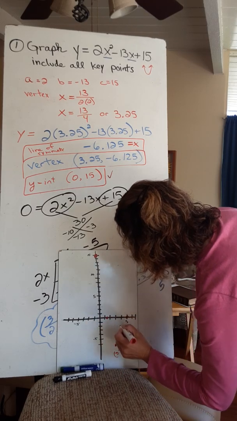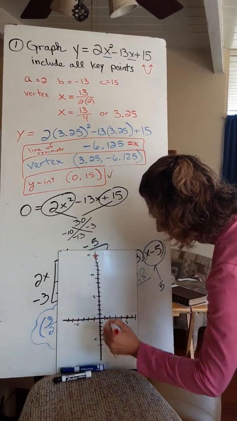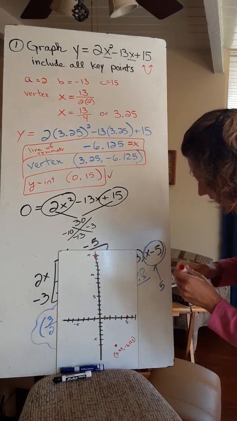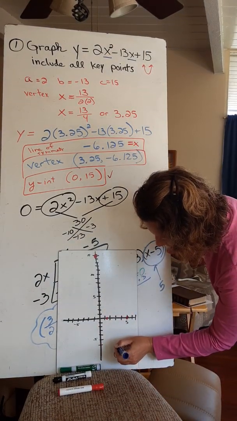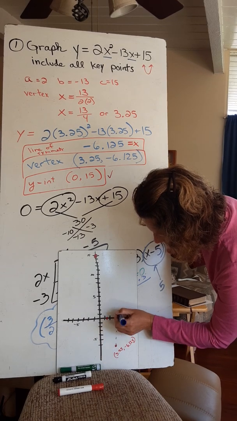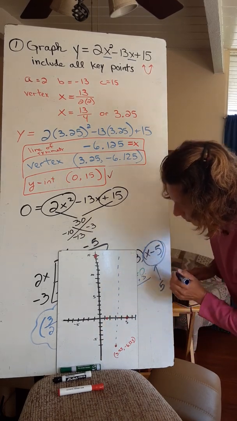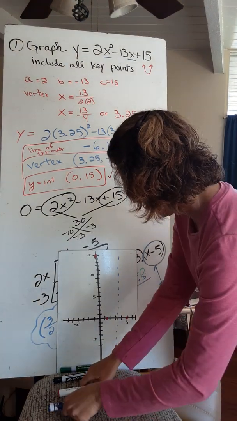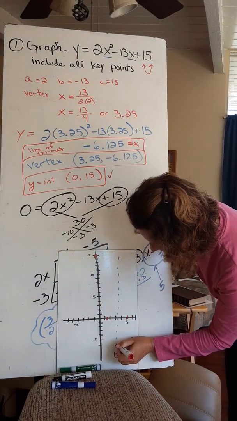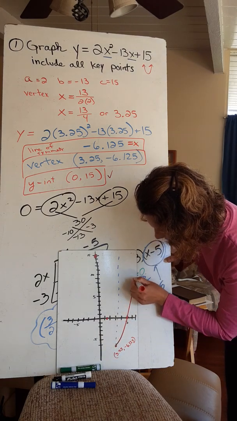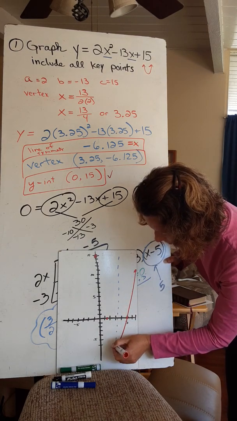and 5. So this is going to be our parabola. Our line of symmetry is going to be right here at x equals 3.25. And then when we graph it, this is going to be a little bit trickier just because the way I set up my board here.